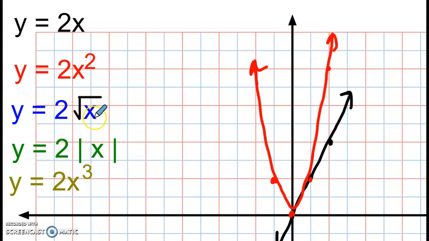2 times the square root of x. Again, when I'm 0, I'm 0. Square root of 1 is 1, but I'm multiplied by 2. Square root of 4 is 2, multiplied by 2. I get 4.